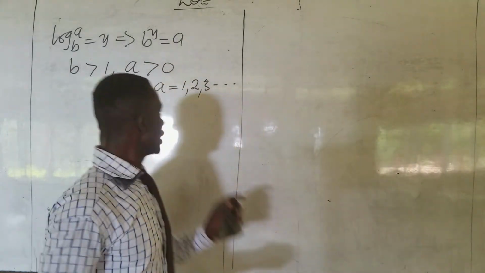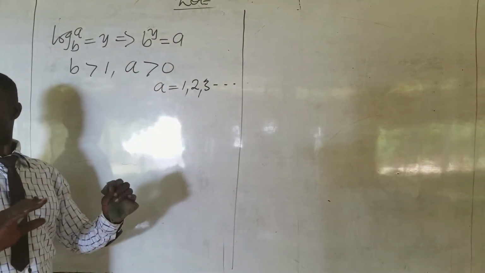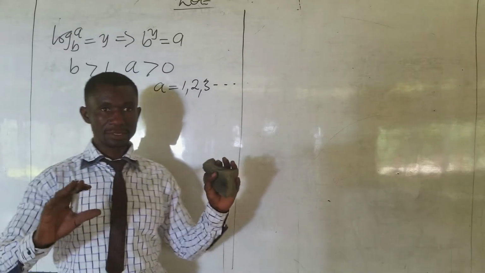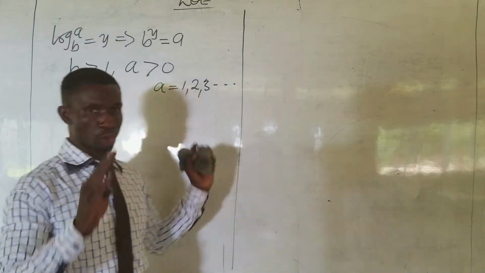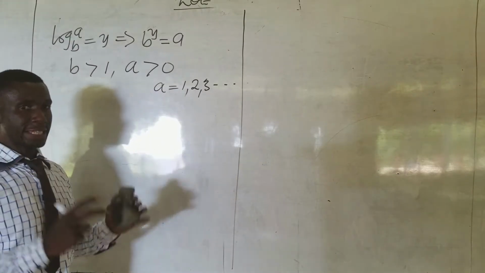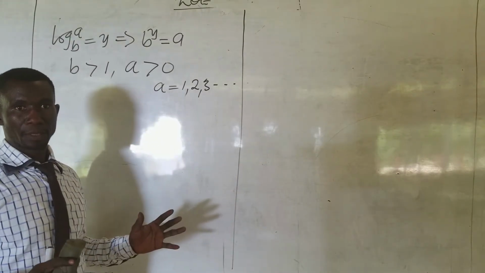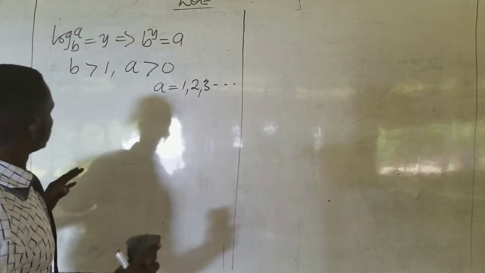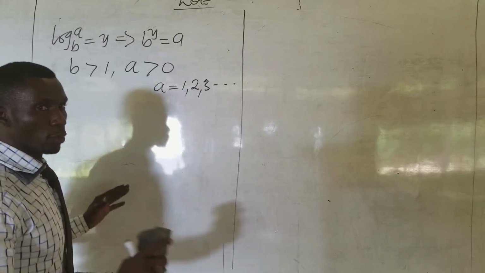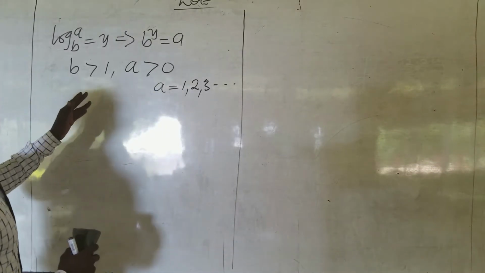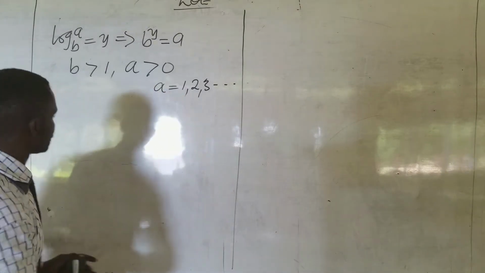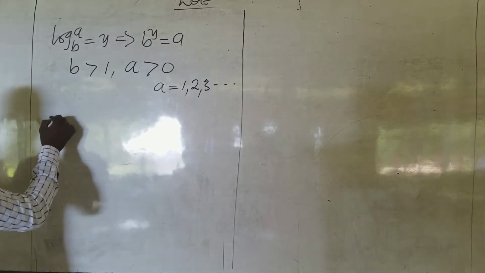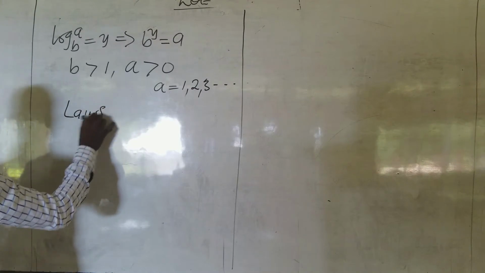So if you write this, then you have satisfied all the requirements for the definition of logarithm. Anything short of that, you don't meet the full requirement. The requirement is that b must be greater than 1, and a must be positive natural numbers. Now, we have laws of logarithm.